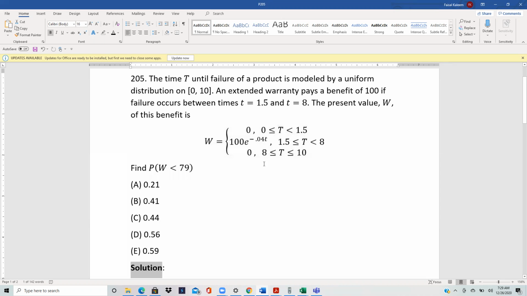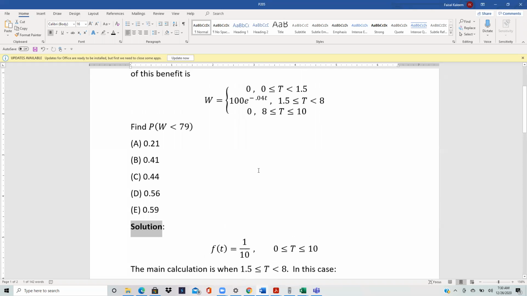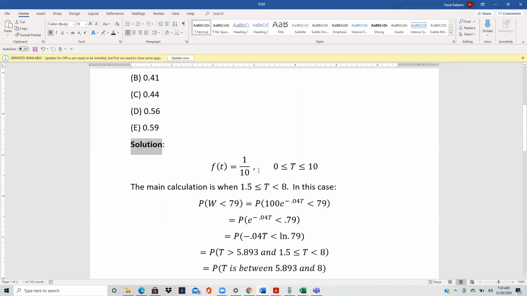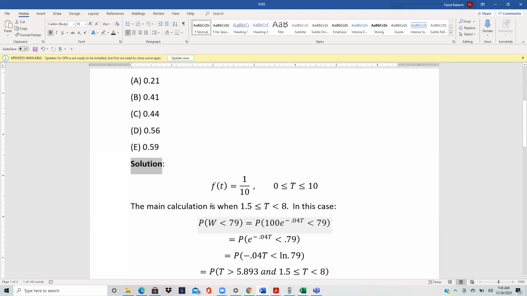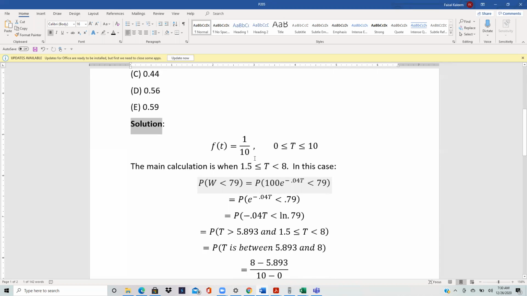So when we are in this situation, when T is between 1.5 and 8, then we need to know what's the probability that W is less than 79. And W in this interval is 100 e to the negative 0.04T.